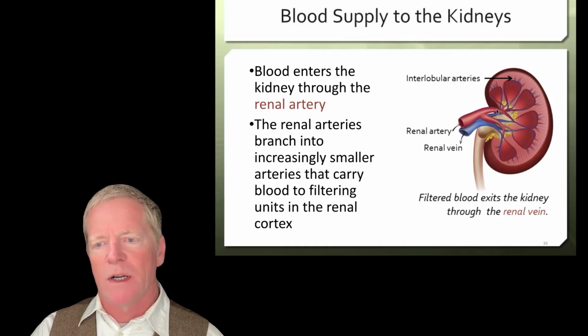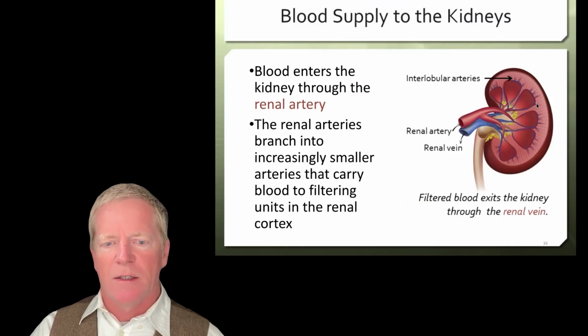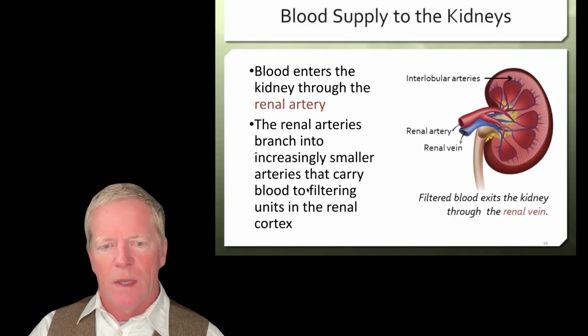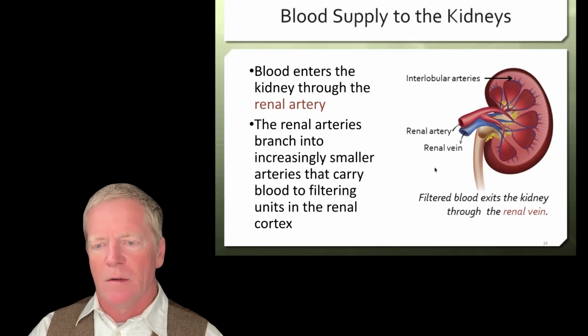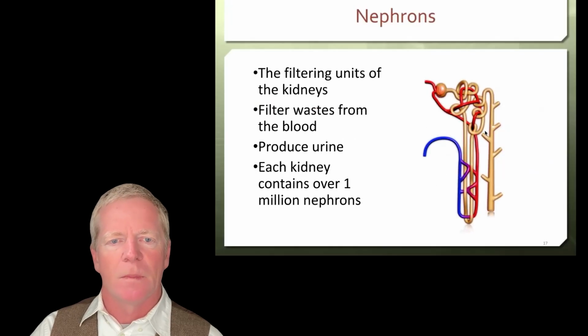The renal arteries branch into smaller and smaller arterioles that carry the blood to the filtering units, the glomerulus. And after the blood is filtered, it will enter the renal vein and return back to the circulatory system. Waste products go into the urine.